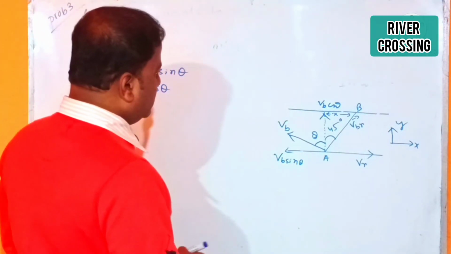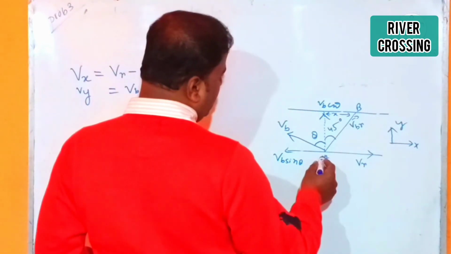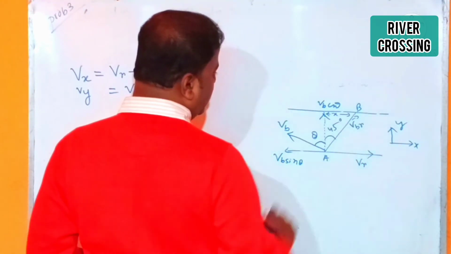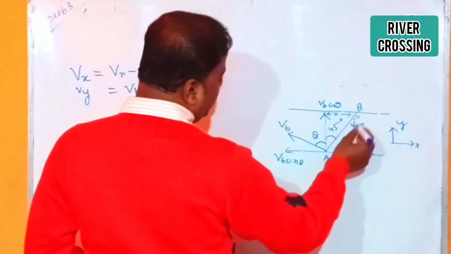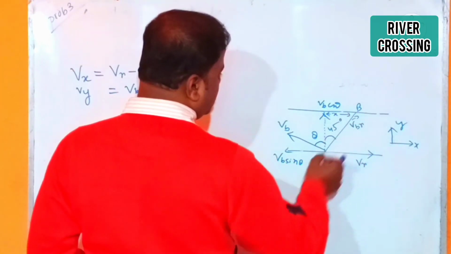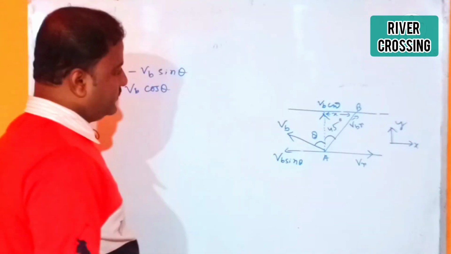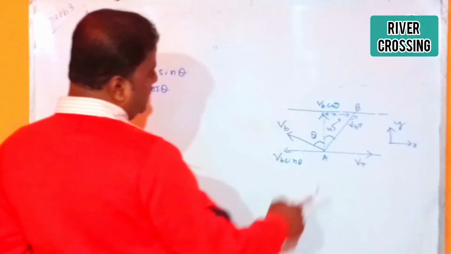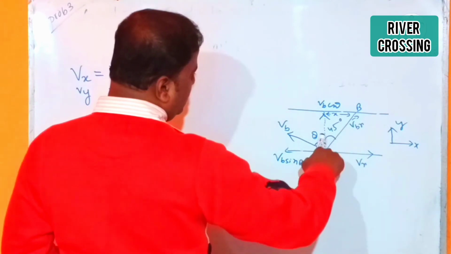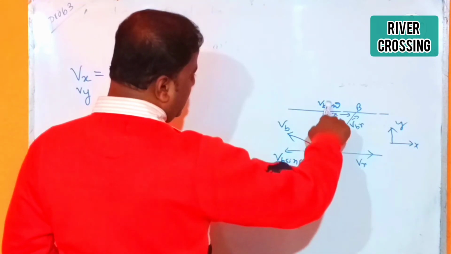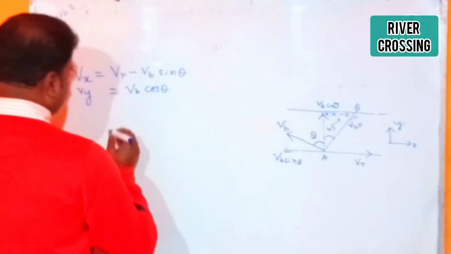If the boat finally reaches the point B from A, then VBR is the resultant velocity along AB. VBR is the resultant velocity with an angle 45 degree with the y direction.